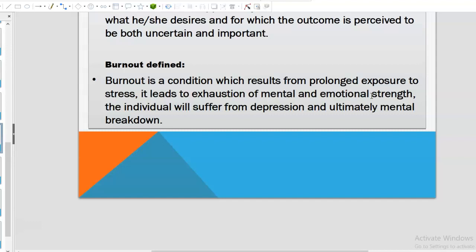It is when an individual feels that too much pressure has been placed on him or her, and that there are no moments of relief at all. So it can lead to an individual suffering from depression and ultimately a mental breakdown.